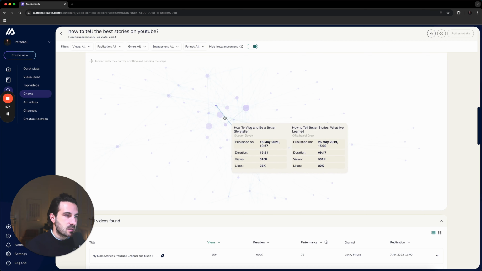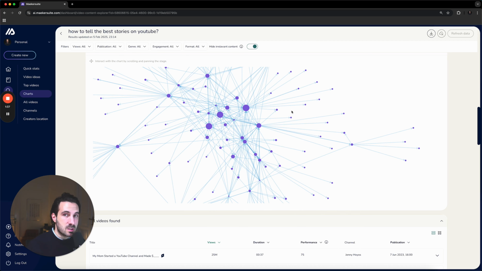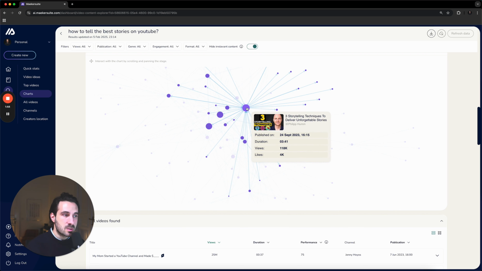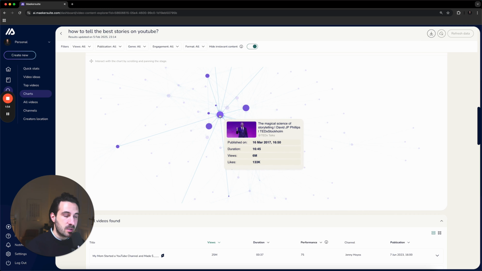In every case, the biggest nodes are the most interesting for users, because they either have gotten a lot of traction, so they have a really good click-through rate, or they overperform compared to other videos that those specific channels have published, or maybe because their engagement rate is really, really good.